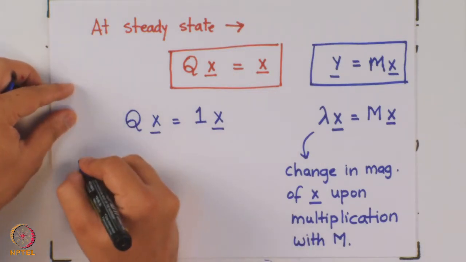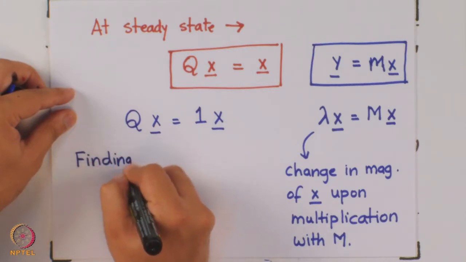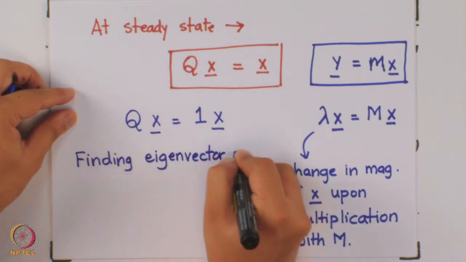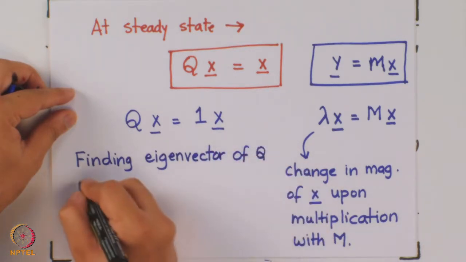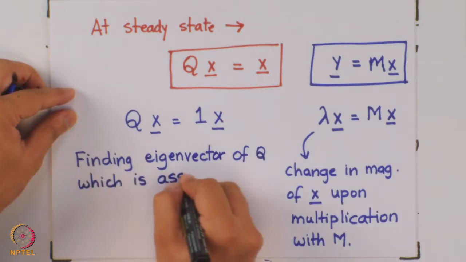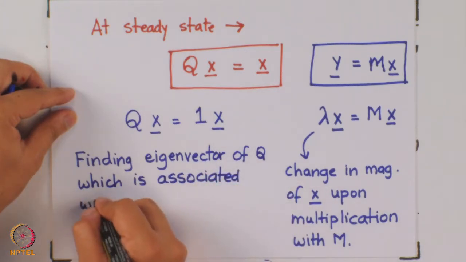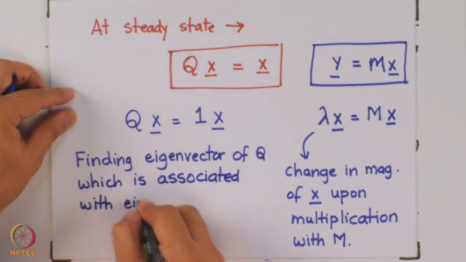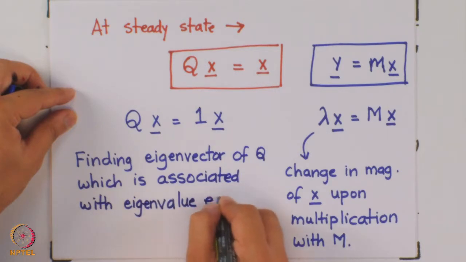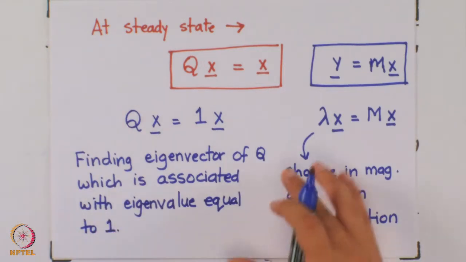That means I am interested in finding the eigenvector of Q which is associated with eigenvalue equal to 1. That is what I am interested in.